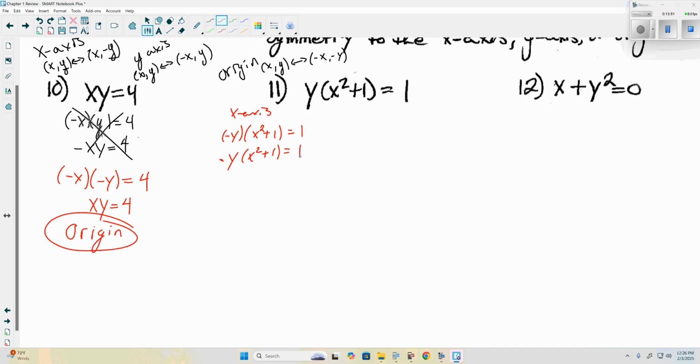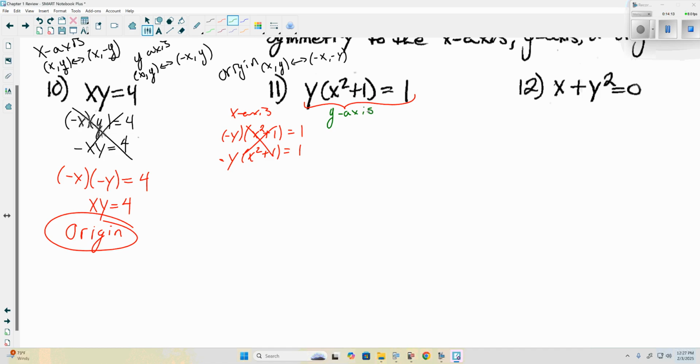At this point, we can divide by negative 1, multiply by negative 1, but there's no real way to get back to this here, because if we divide by negative 1, yes, the right side of the equation would become positive, but the left side would be negative. It wouldn't match up. So x-axis is out.